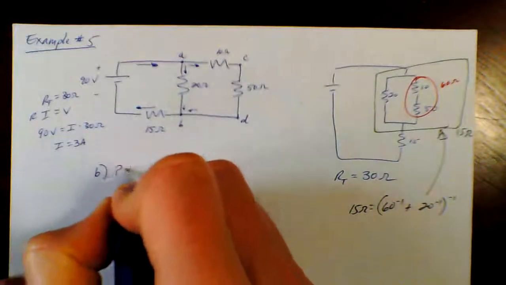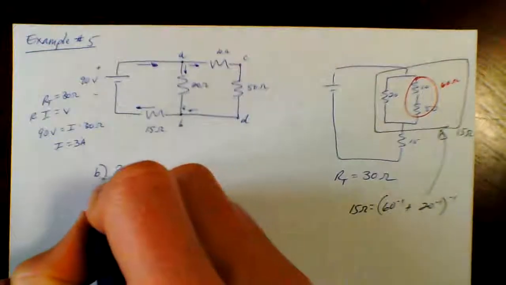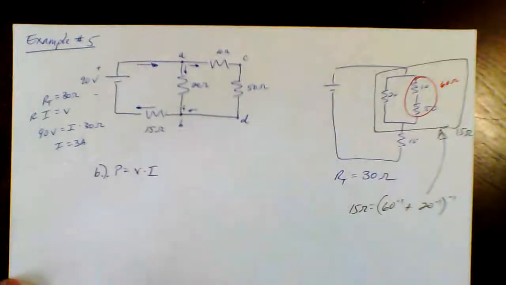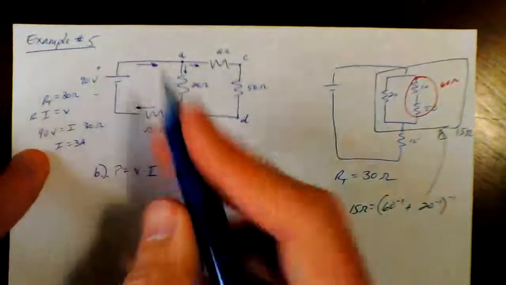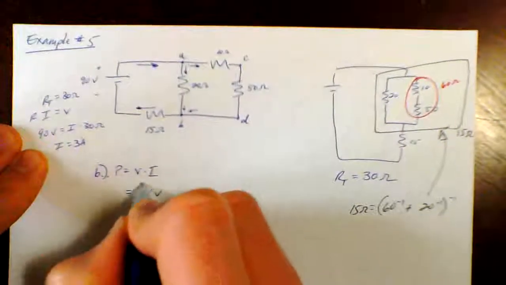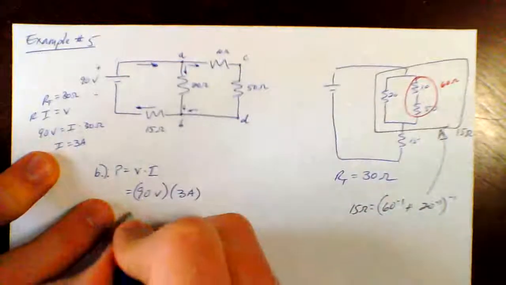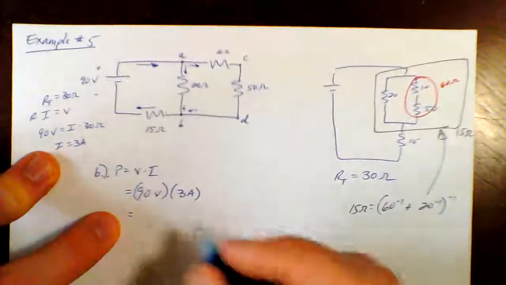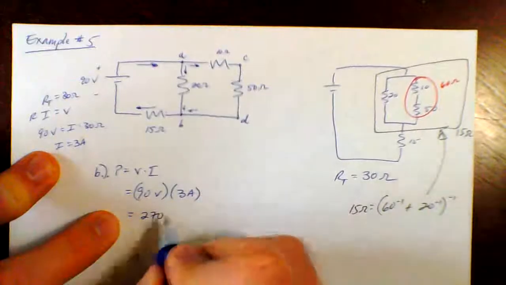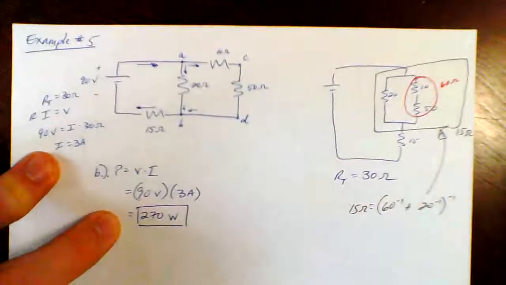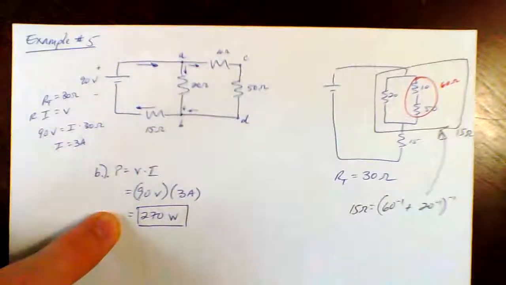We know that power equals voltage, not velocity, times current. We have the voltage, 90 volts, times 3 amps, so I multiply 90 by 3 to get 270 watts. So that is a 270 watt circuit, and that is the power being dissipated by the circuit.